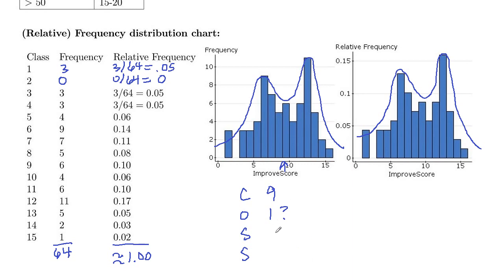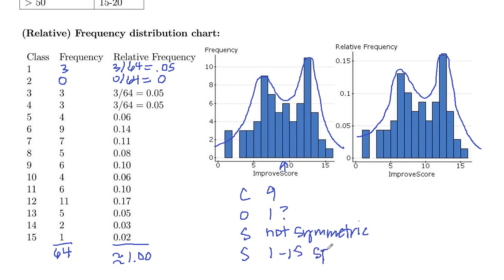Symmetry, it's not a symmetric distribution. And then the spread, we can tell that this data is fairly spread out. It has 2 areas of concentration here, but quite spread out from 1 to 15.